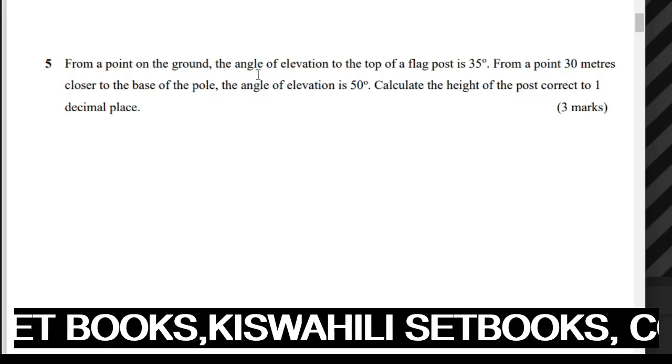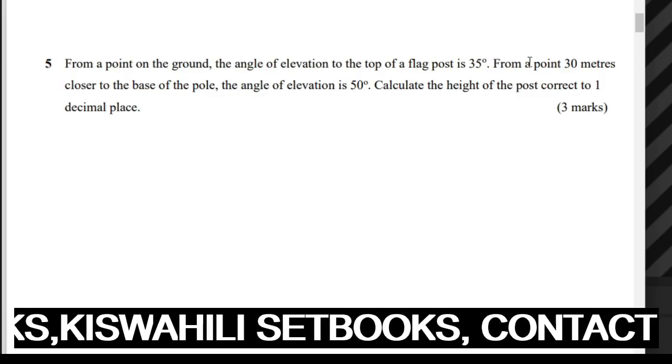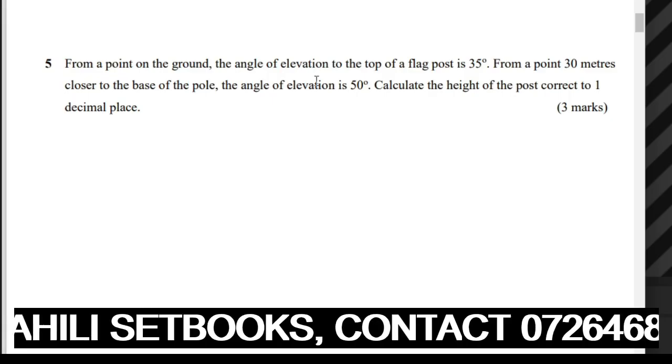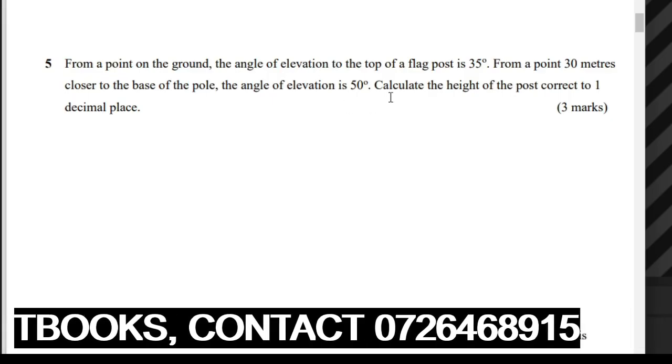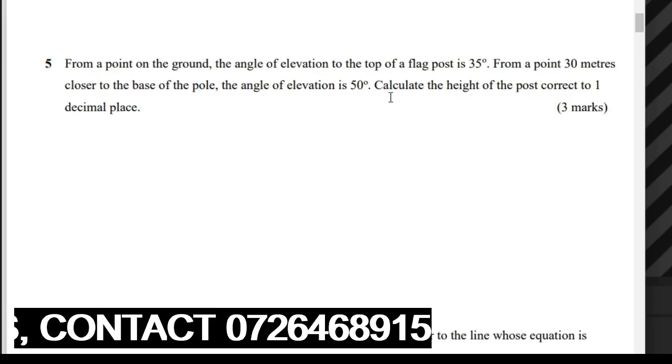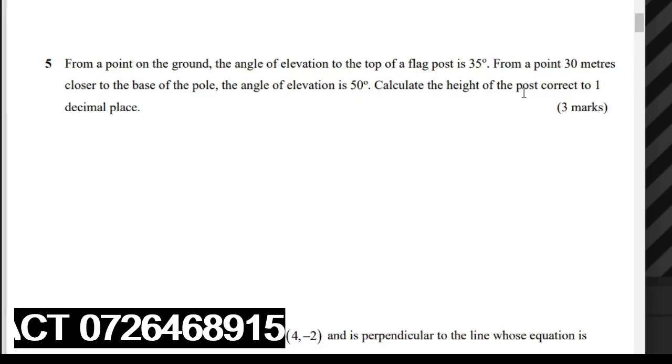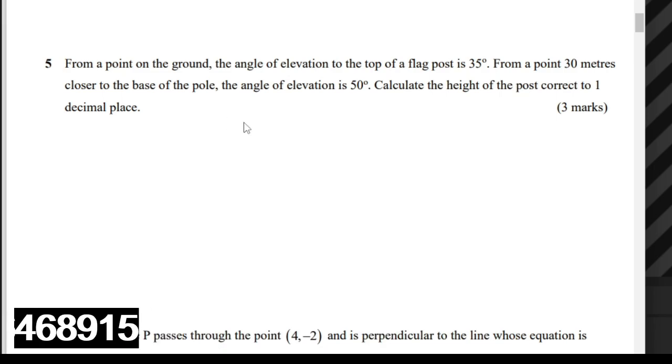The point on the ground, angle of elevation. So remember, angle of elevation and the angle of depression are equal. You need to understand that. Calculate the height of the post. So here you should understand SOHCAHTOA and the Pythagoras theorem.